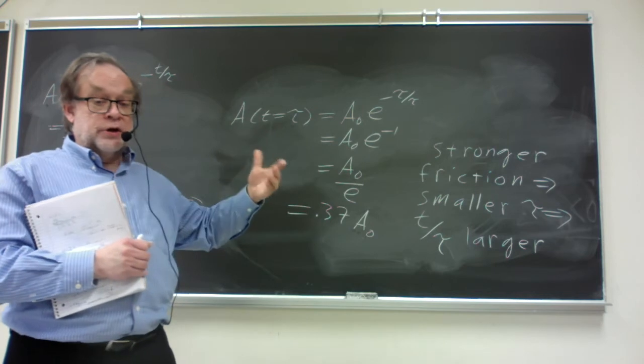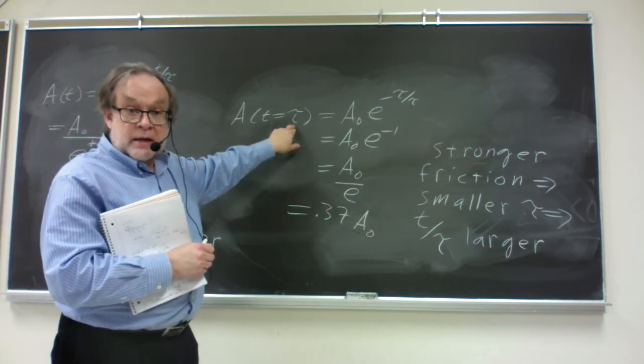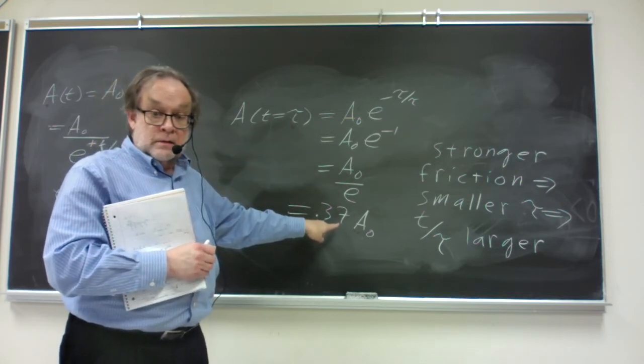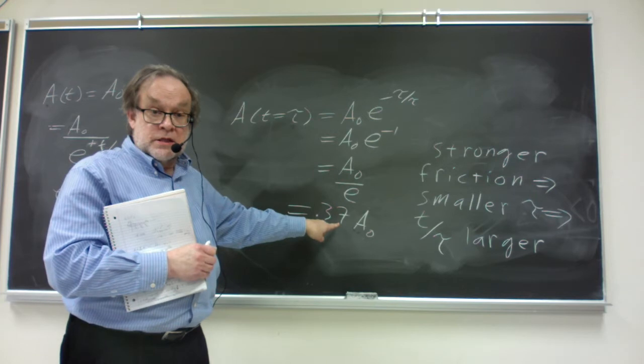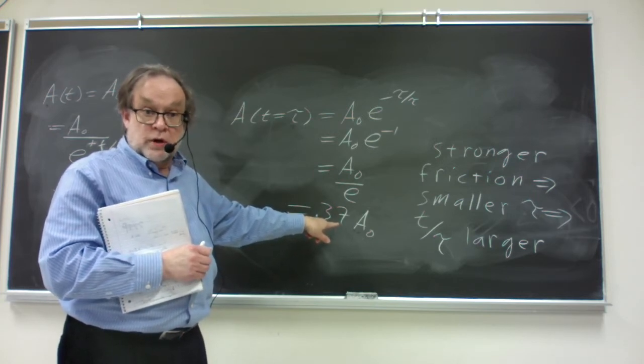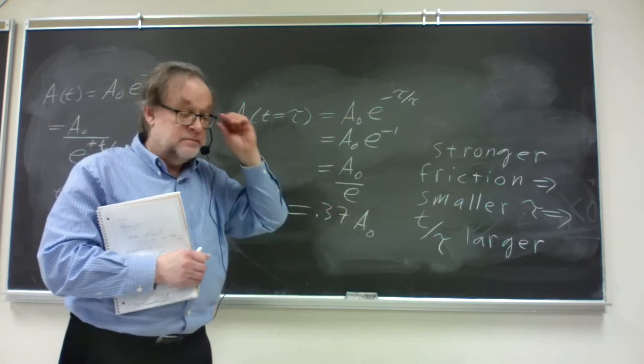Or, to put it another way, every tau seconds, the amplitude ends up only 37% as large as it was tau seconds previously.